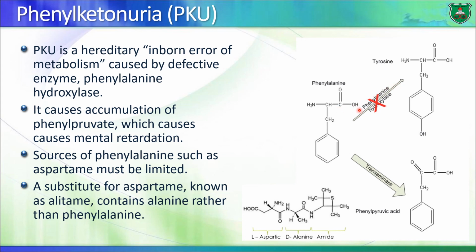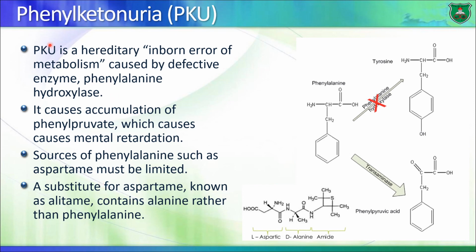Now, people having defective phenylalanine hydroxylase cannot do this reaction, and as a result, phenylalanine accumulates, and it gets converted to another molecule known as phenylpyruvic acid.